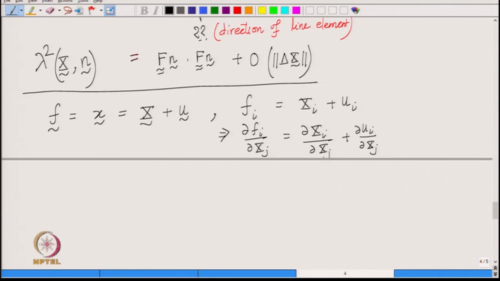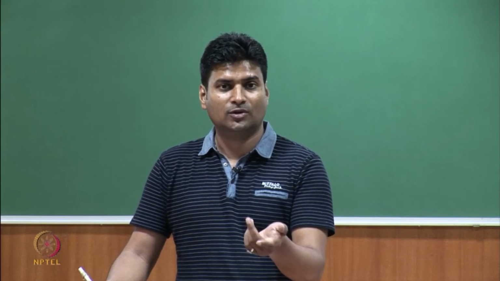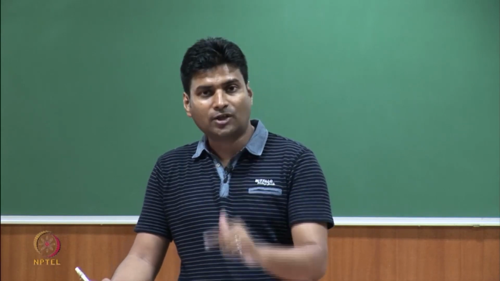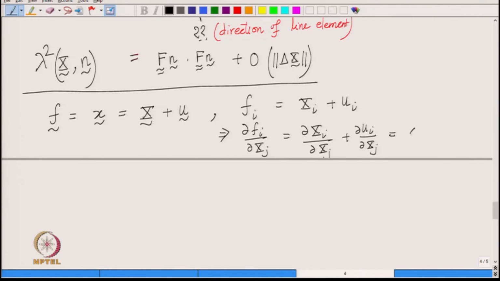See, big X 1, big X 2, big X 3, they are the coordinates in the reference configuration of the body. So, they are independent of each other. So, when you take the derivative of x 1 with respect to x 2, you get 0, of x 1 with respect to x 1, you get 1. So, we could write this as delta I j, the Kronecker delta that we had earlier, plus del u I over del big X j.